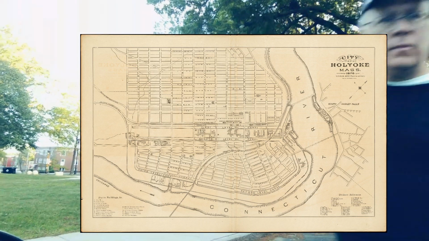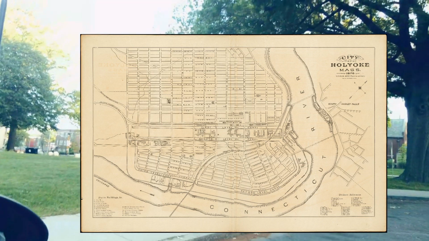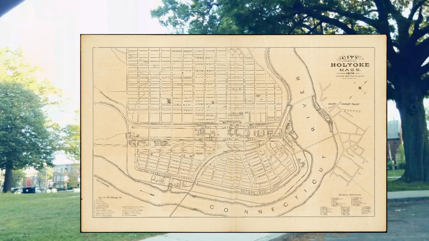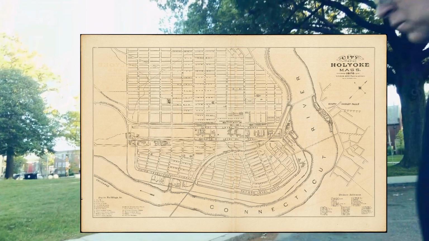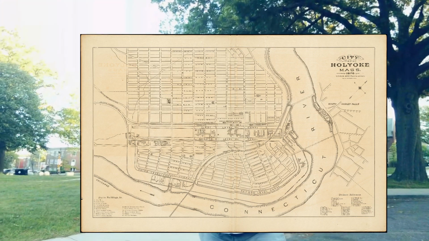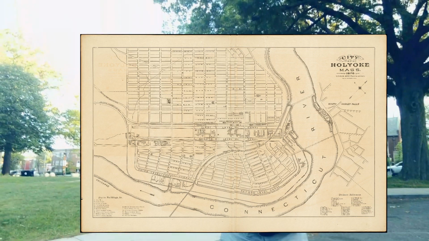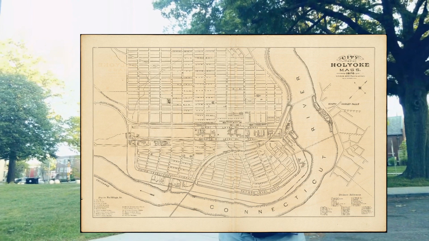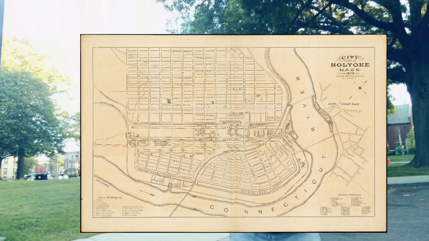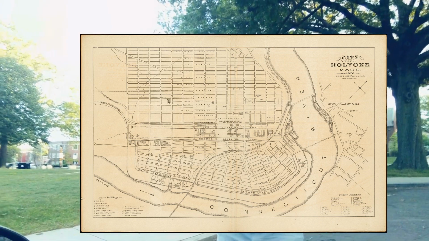And can you also name some of the most historic streets within Holyoke and their attributes? Probably at this point, and for the last 125 years, it's been High Street, the first 5 blocks of which are National Register entry.